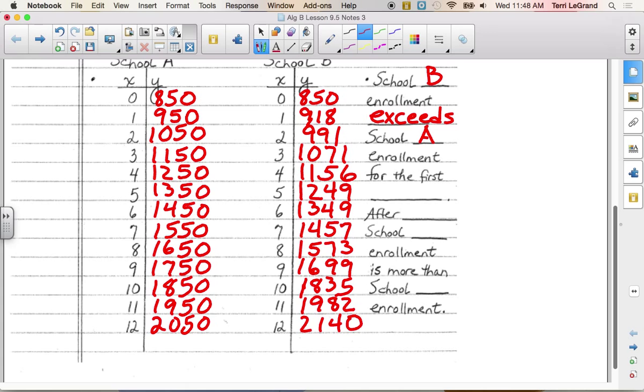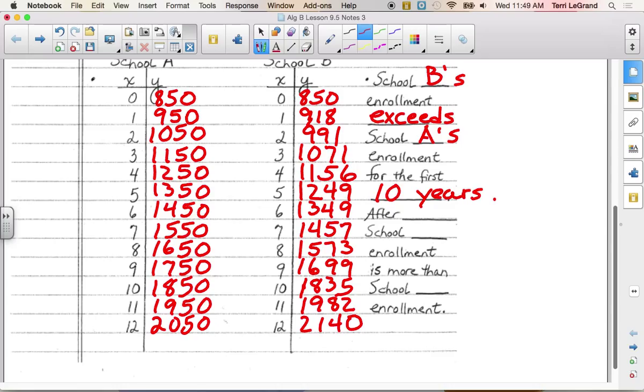No, 10 years. So for the first 10 years, school B exceeds, is more than, is greater than, is above. Okay, so school B enrollment exceeds school A enrollment for the first 10 years. I suppose we could make this possessive, it reads better too. School B's enrollment exceeds school A's enrollment for the first 10 years.